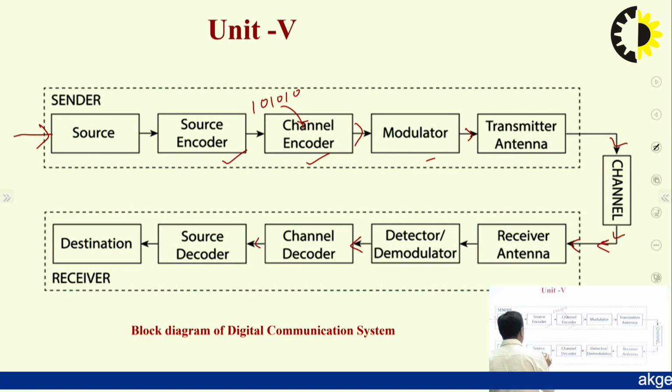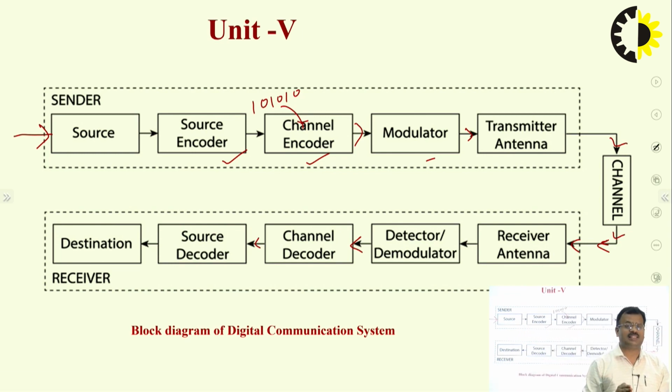Now it will go to the source decoder, which decodes your data, your information that you encoded at the source encoder, along with data decompression. Just as at the source encoder we encoded and compressed the data, again you have to decode your data along with decompression, the opposite of compression.